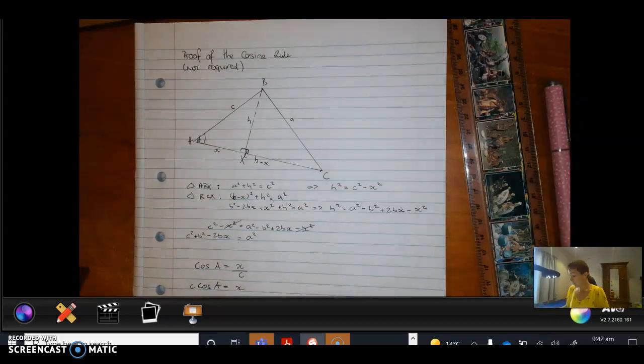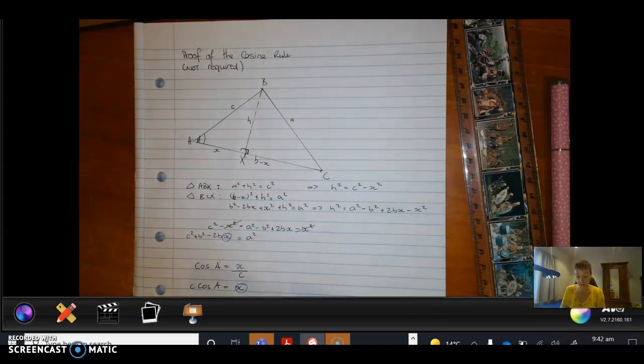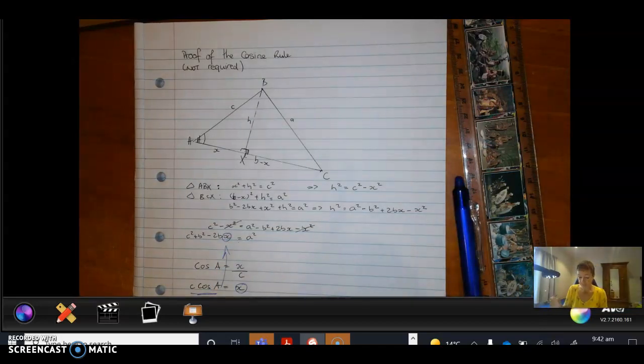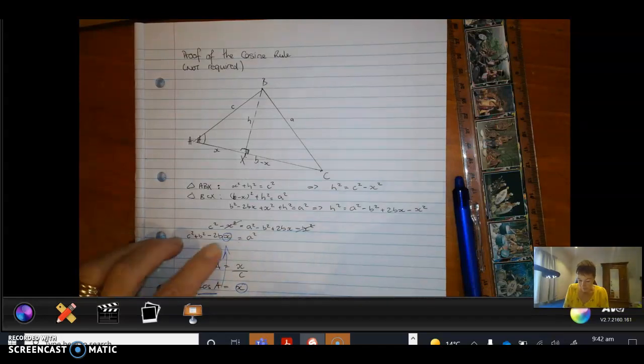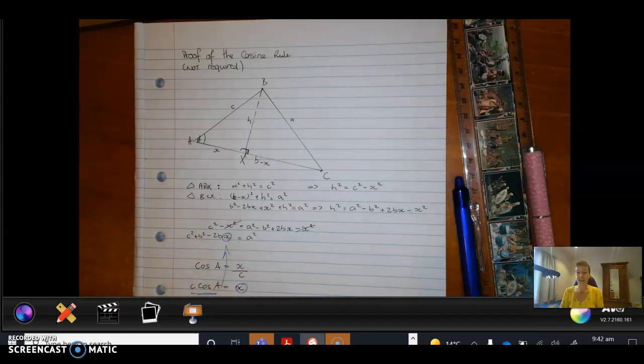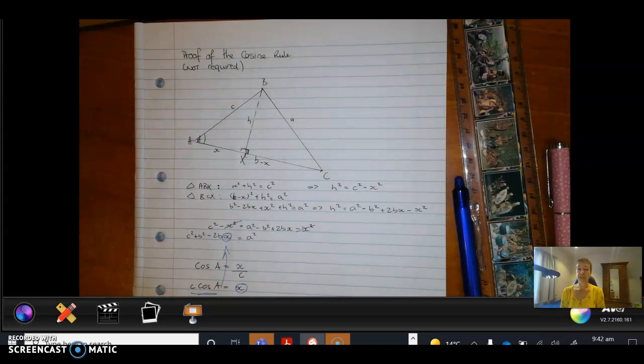Now hopefully you can see that I've got an x in here and I've got an x over there, so I can substitute what x is into there. So c squared plus b squared minus 2bc cos A equals a squared. Voila, which is my cosine rule. So just getting two things in terms of each other and substituting in is how we go.